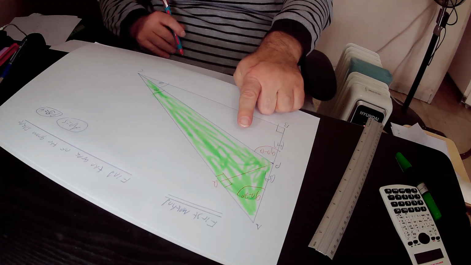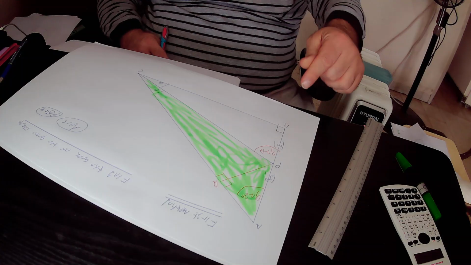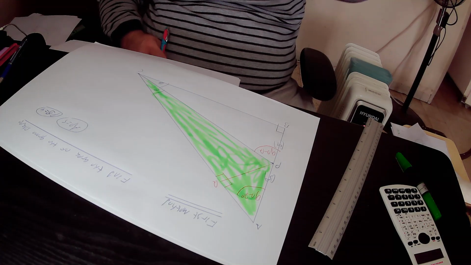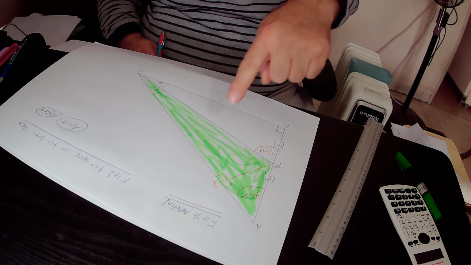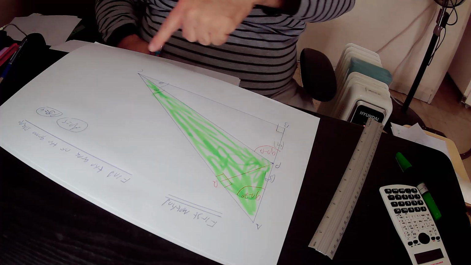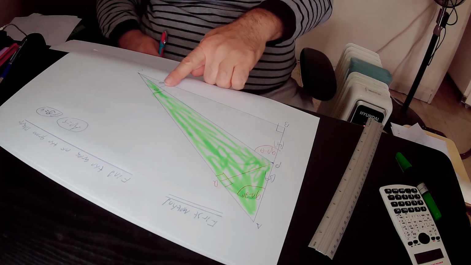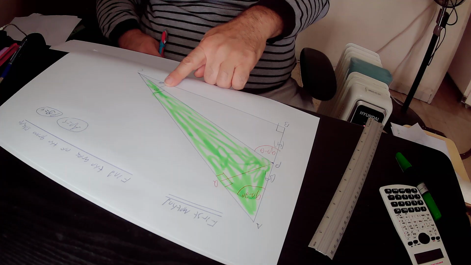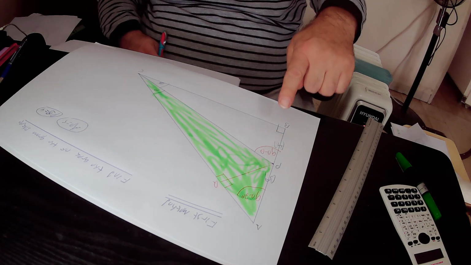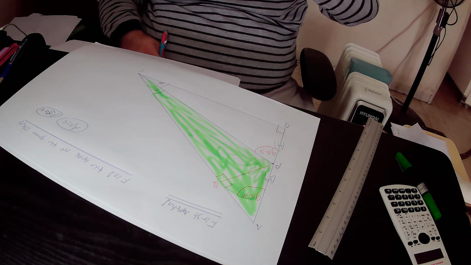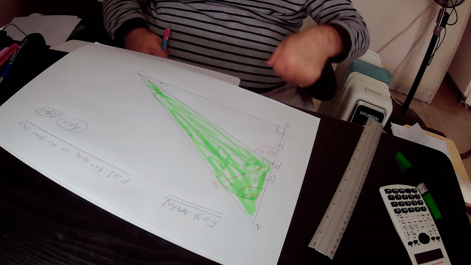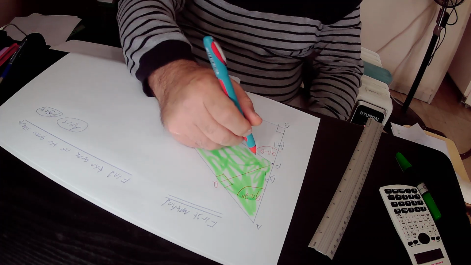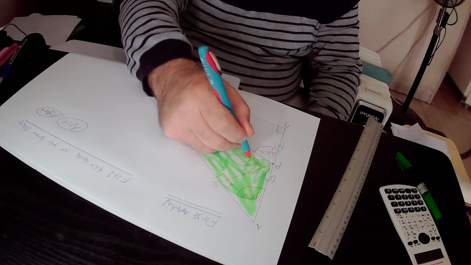Likewise, in triangle QPC, this angle equals theta. This angle equals 90 degrees, and therefore this first angle must be equal to 90 degrees minus theta according to the sum rule. The sum of the angles in a triangle is equal to 180 degrees.